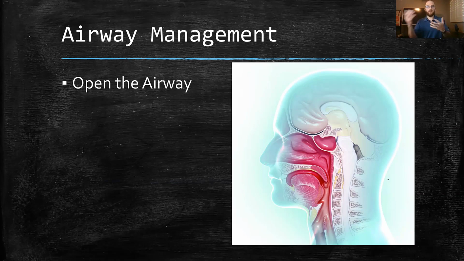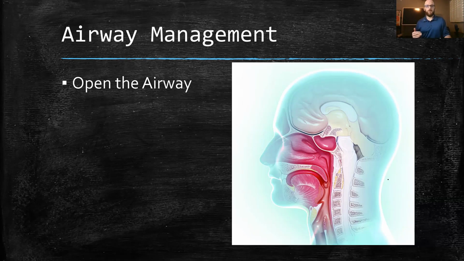Now, if our person is talking to us, like I'm sitting here talking to you, if I'm your patient and you walk on scene and I'm just talking a million miles a minute, that tells you that my airway is open and that it's clear as well, which is going to be step 2 in a second. So if the person's talking and communicating to you, that airway is open, or what we say is patent. So step number 1, open the airway.